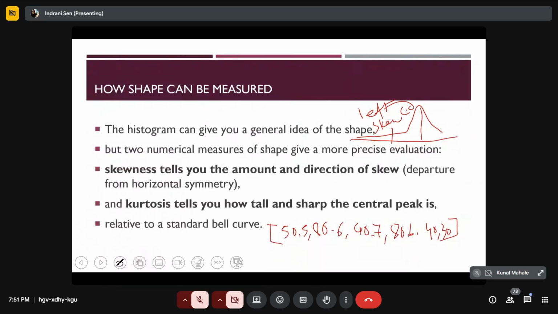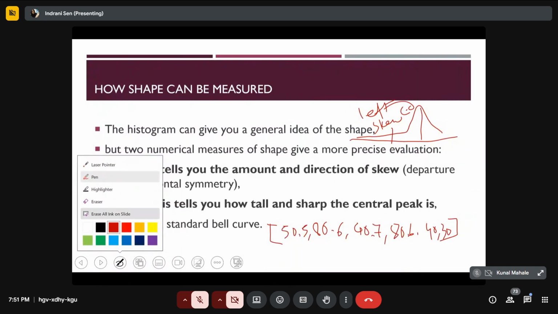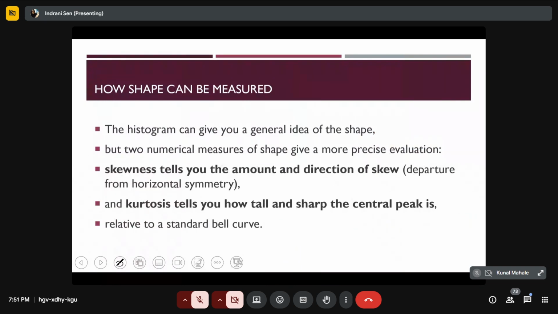This distribution will show you how your data is placed. That means whether your data is normally distributed, or some of the data points are very low and the data is skewed to the left, or they are very high and the data is skewed to the right. This happens only because of some exceptional values, and they are called outliers.